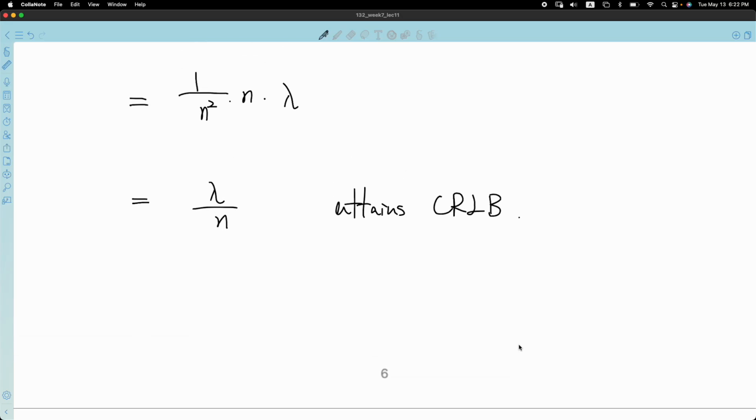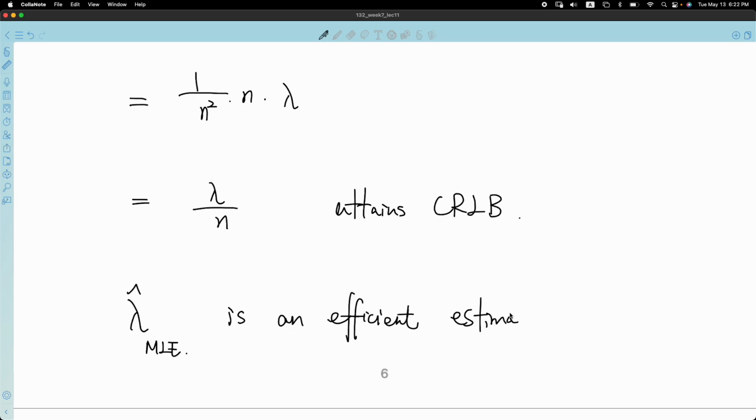So we can draw the conclusion. This unbiased estimator is an efficient estimator. The concept of efficiency comes after unbiasedness.